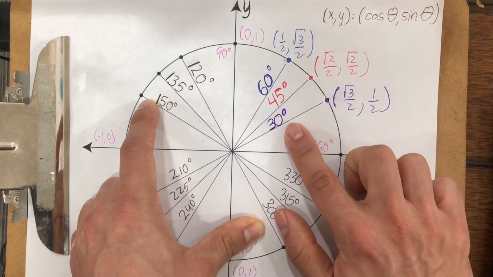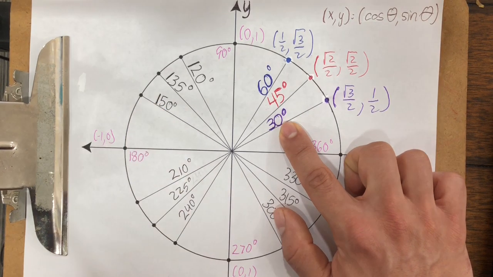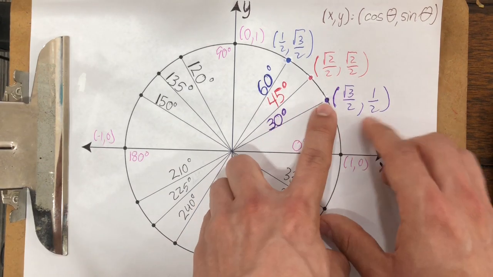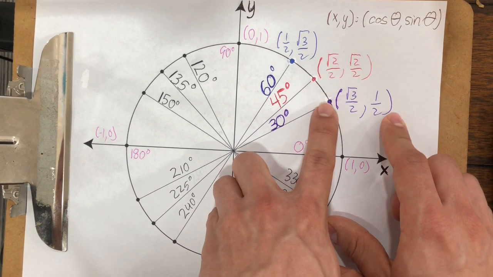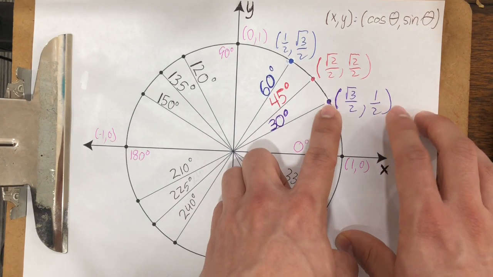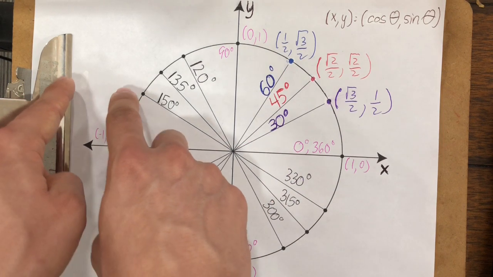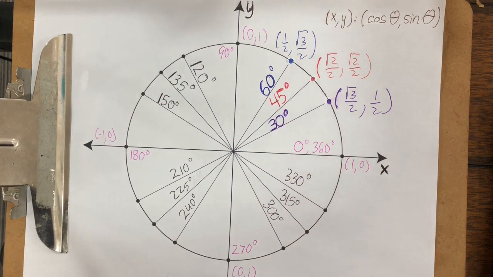So let's say my reference angle for 150 is 30 degrees. I'm going to copy this x and y coordinate that's at 30 degrees and paste it in the same spot for 150 degrees. I'm going to do that for all of the degrees. So before we do that, let's recall reference angles.